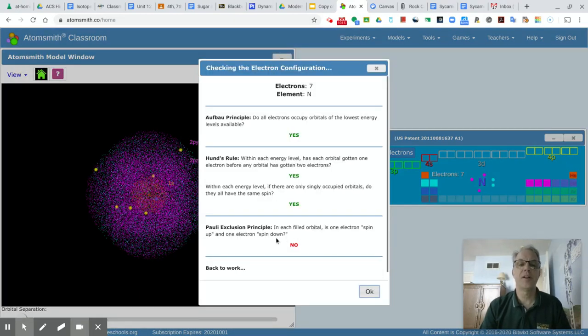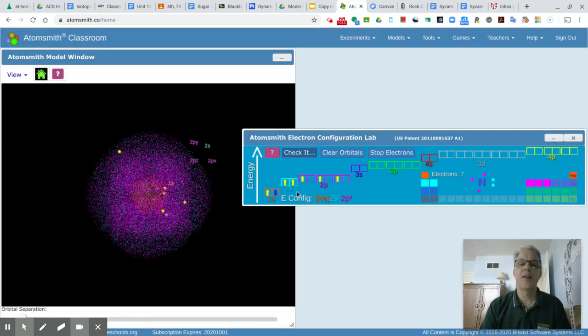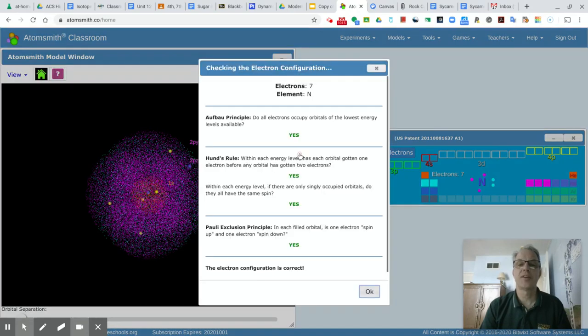Oh, Pauli exclusion principle: in each filled orbital is one electron spin up and one spin down? No. Okay, so now I'm going to change it. And finally, I'm going to check it. Okay. And as I check it, it says, congratulations, that's correct.